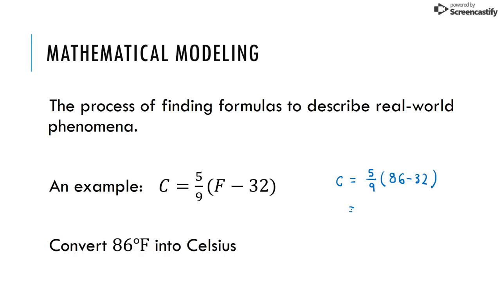I have to do what's in the parentheses first. By subtracting those two numbers, that is going to give us 54. Then I'm going to go ahead now and do my multiplication. When I multiply that fraction by 54, we end up getting 30. So we end up with 30 degrees Celsius for our answer.